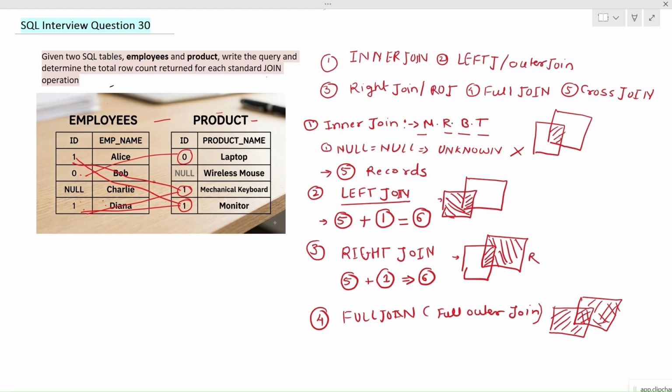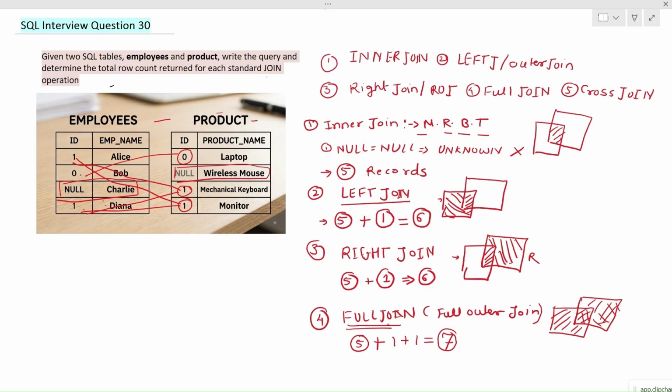One, two, three, four, five. Plus how many unmatched rows from the left hand side? One. And unmatched rows from the right hand side is one. So we have received 5 plus 1 plus 1 is equal to 7. 7 is the result of the full outer join.